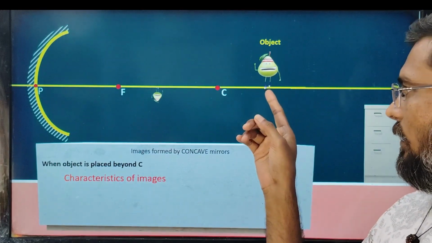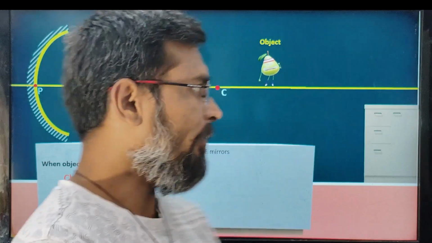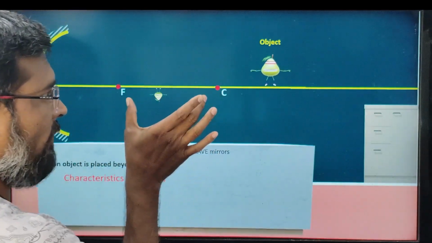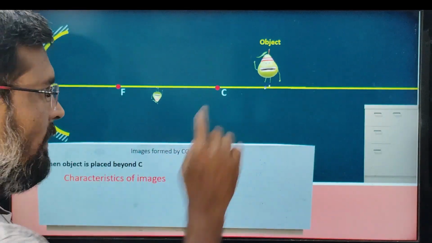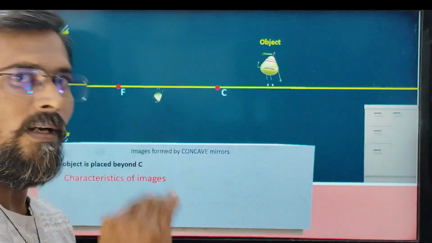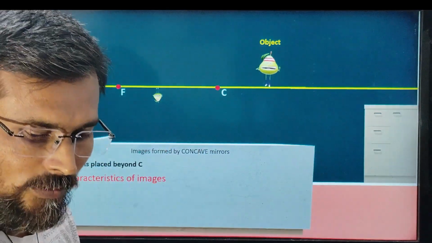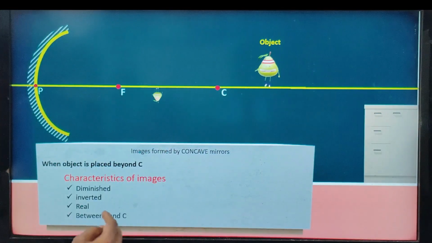Now our dance master is here, beyond C. So when the object is beyond C, where is the image forming? Between F and C. Is it bigger than the object? No. The image is smaller than the object. It means a diminished image. So let us look at the characteristics. What are they?